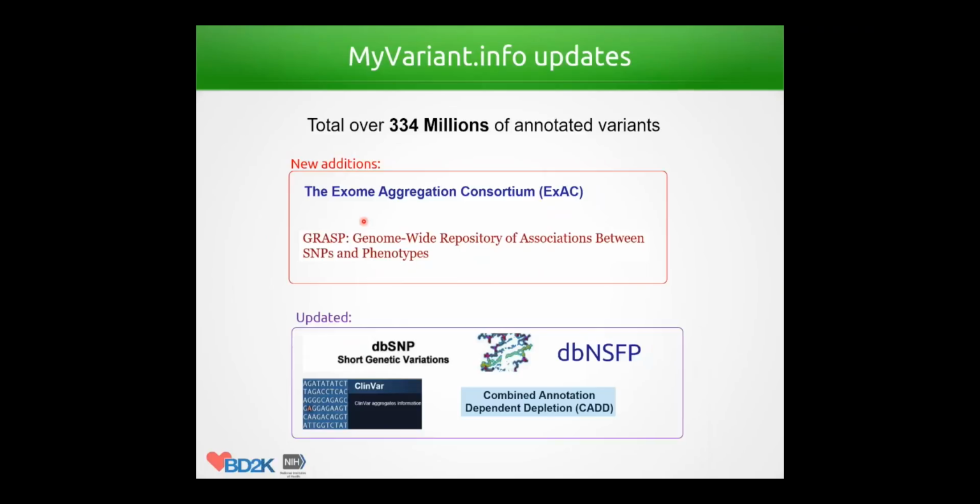We also included GRASP, which provides information about GWAS associations between SNPs and phenotypes. We included these 2 new data sources, and we also updated dbSNP, ClinVar, CADD, and dbNSFP to their latest versions.